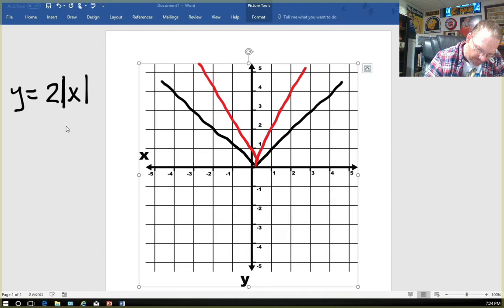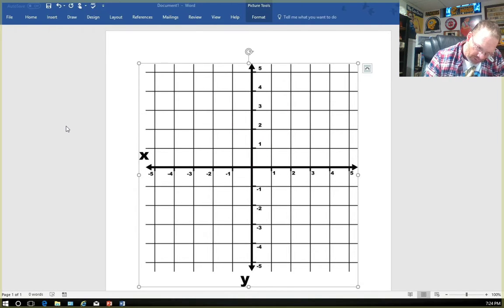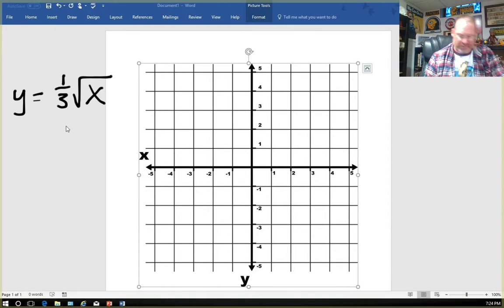Okay, how about, let's try square root. Y equals 1/3 square root of x.